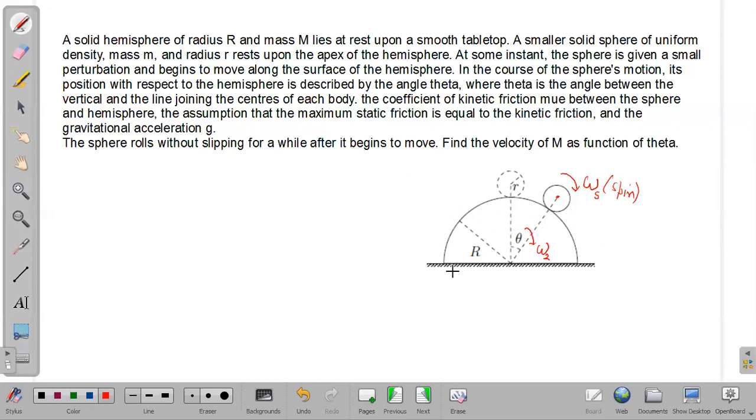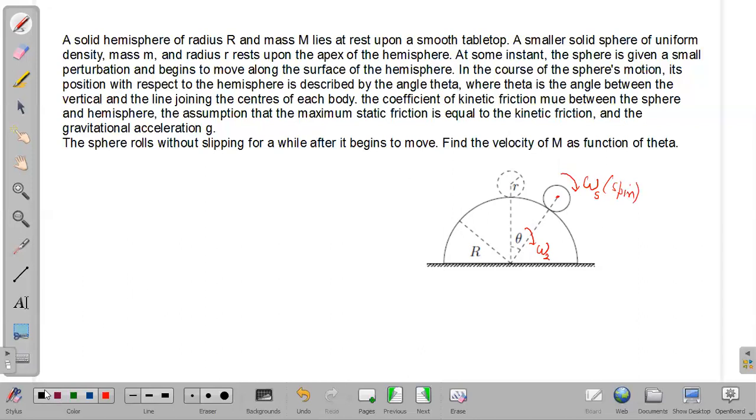So there are two types of angular speed. One is omega s, with which the small sphere rotates about the axis passing through its center. The second, omega 2, is the angular speed with which the radius vector connecting the center of the little sphere to the center of the hemisphere rotates in space. So there are two angular velocities, make it very clear.